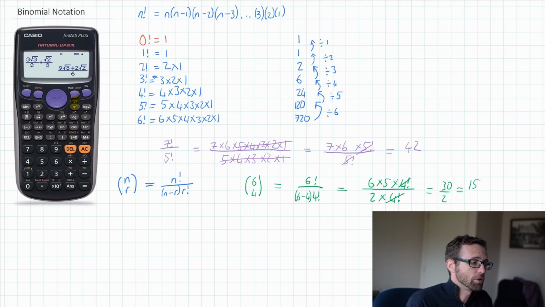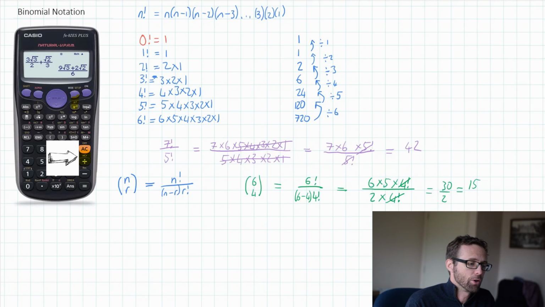But I want to alert you to the fact that you also have a button for this on your calculator. If you look underneath the power button, just where your division button is, you'll see a little nCr, or n choose r. To access that button, you're going to need to apply the shift button as well.